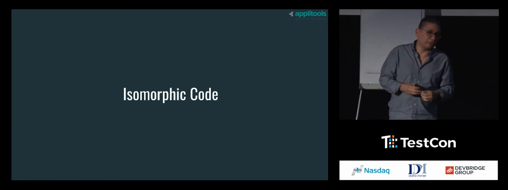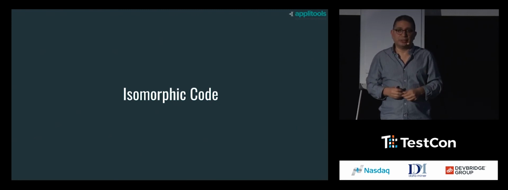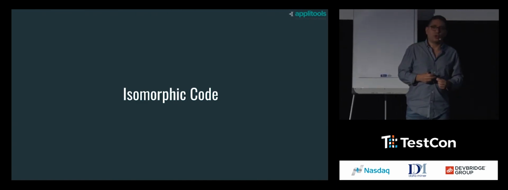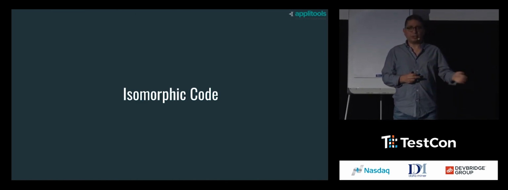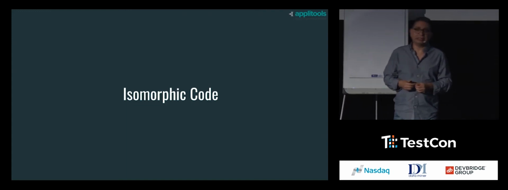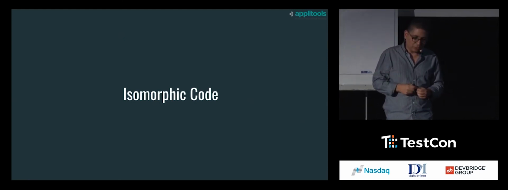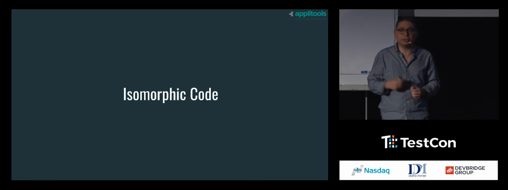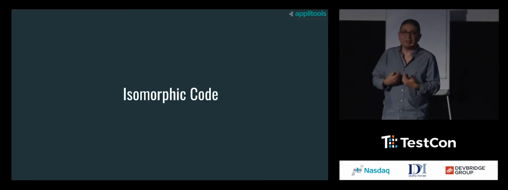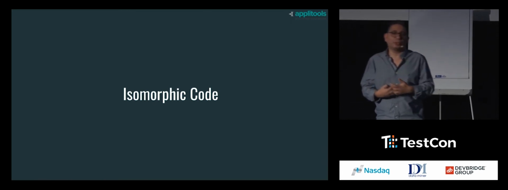And I want to talk about a term that has become very trendy in the last 2 years. It's called isomorphic code. Isomorphic code is a fancy name for code that runs both under Node and under the browser. The nice thing about Node.js, and as testers, I really want you to consider using JavaScript, using Node.js as your test automation tool, because it's the same language that the front-end developers work with.